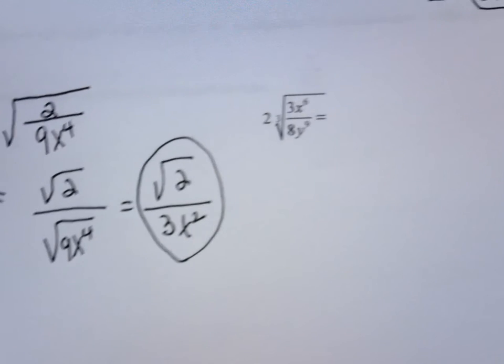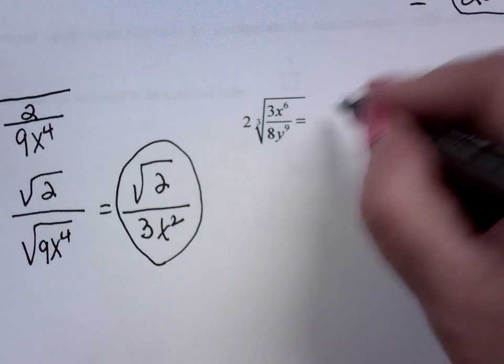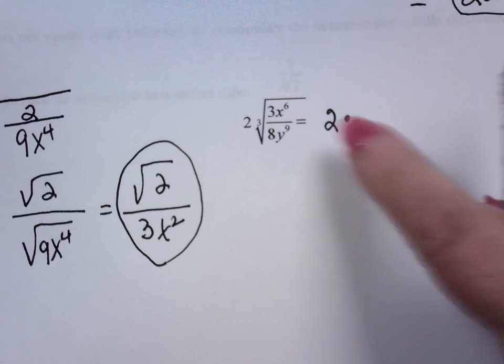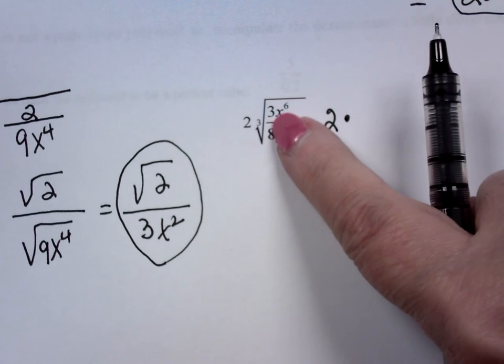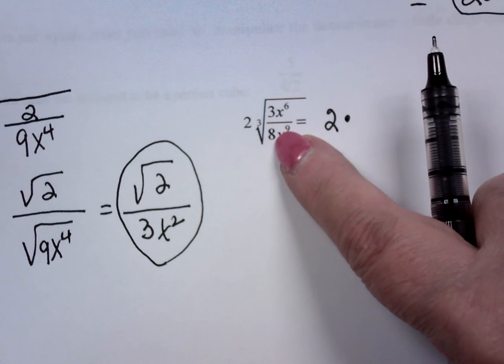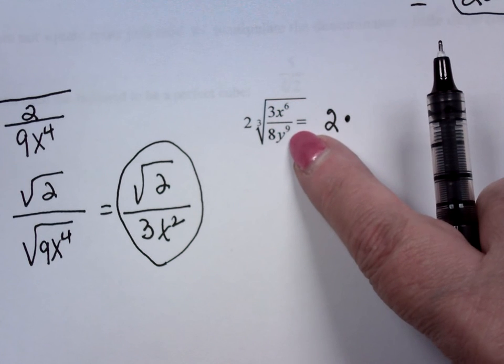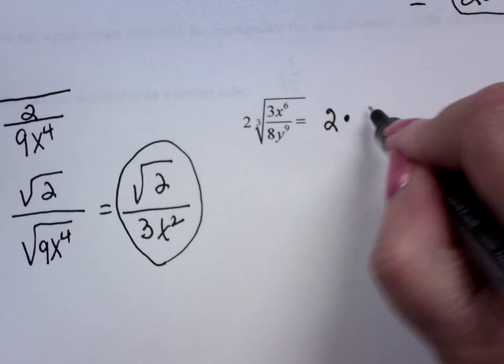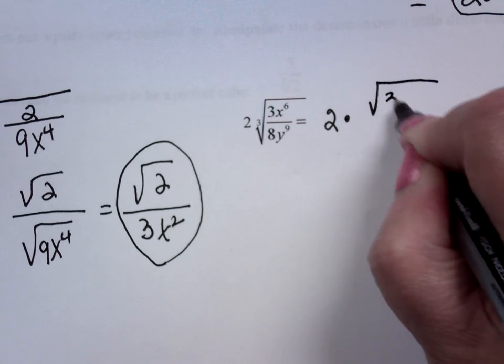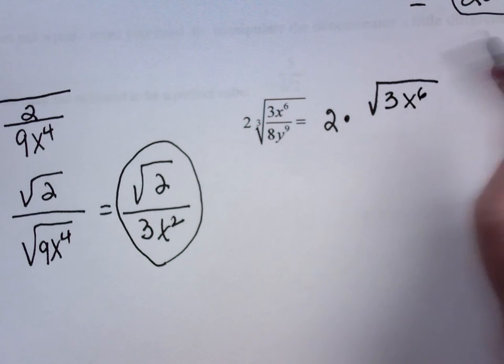Now that's a stinking 2 multiplying that. So that says that's a 2 times, and then I'm going to mess with the radical. I notice that the 3 is not a cube, x to the 6th is a cube, 8 is a cube, y to the 9th is a cube. So that says I can actually take these and write them separately. Cube root.